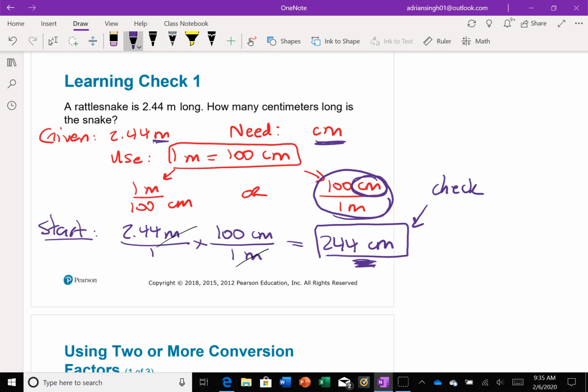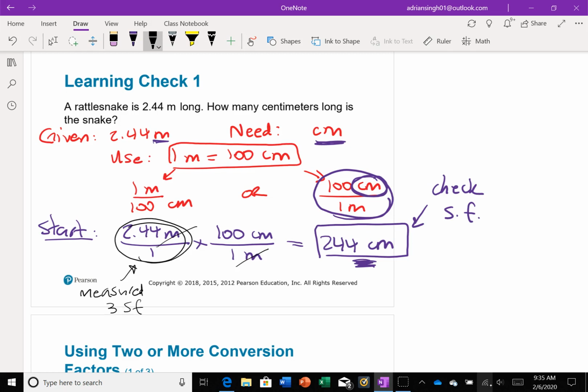Now, the other thing that you want to keep in mind is the number of sig figs, right? We learned a lot of rules about sig figs before. So let's take a look at this. Our original number here, that was 2.44 centimeters. That's the length of a rattlesnake, so that's measured, and that has 3 sig figs.